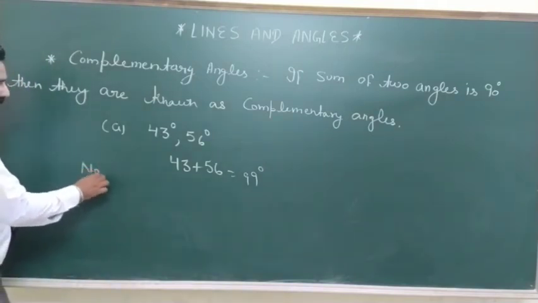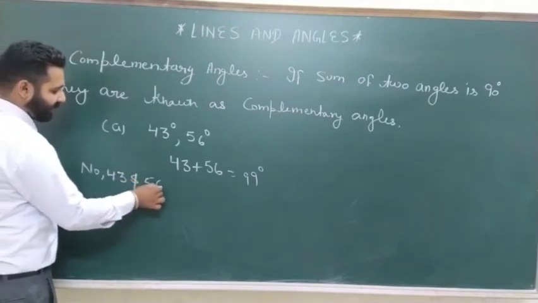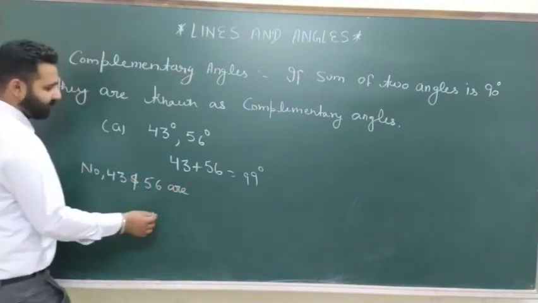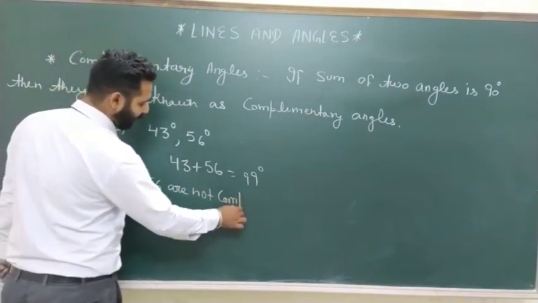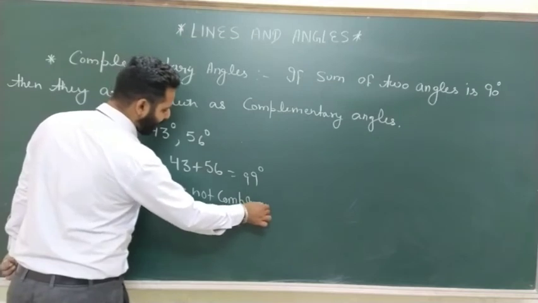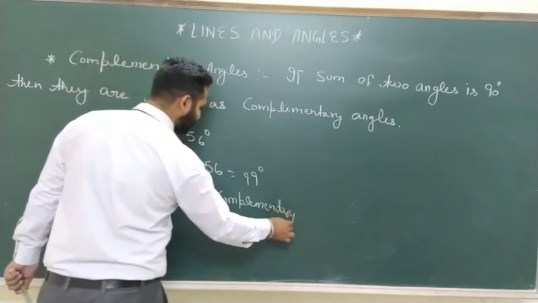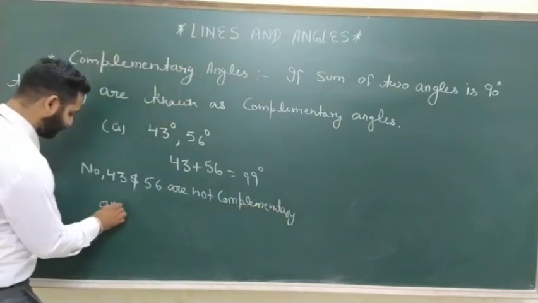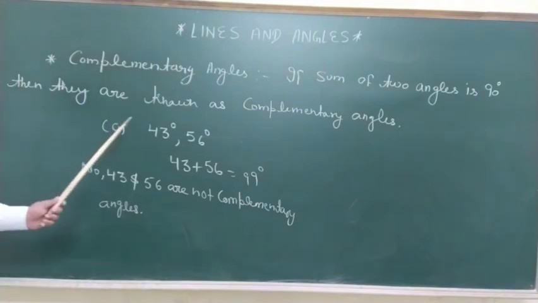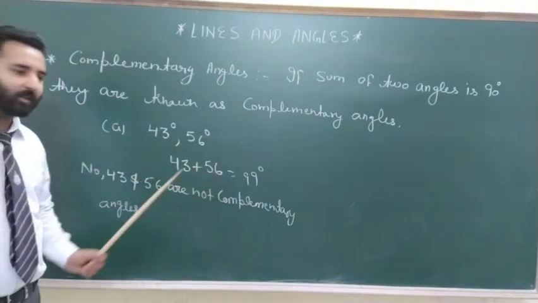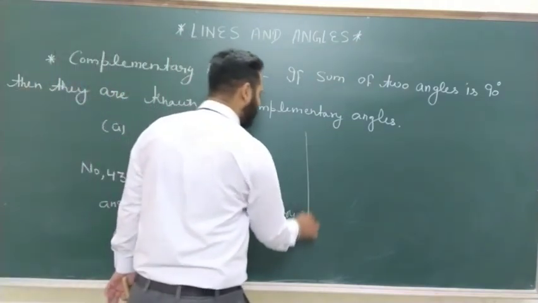No, 43 and 56 are not complementary angles. Am I clear to you? 43 and 56 sum is equal to 99, so they will not be complementary to each other. This is the first type.